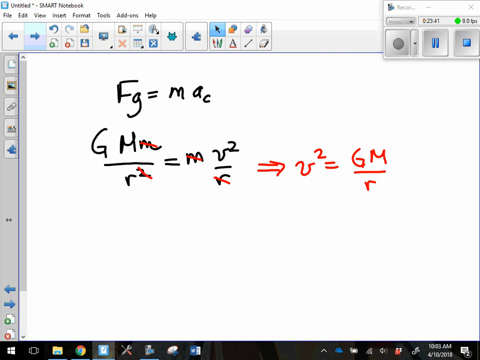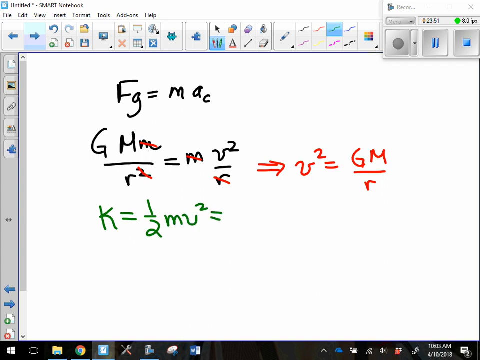Okay. All right, so go back. Remember that what I'm trying to find is 1/2 mv squared. Now I've got my v squared, so I have 1/2 m G big M over r. And this looks suspiciously like what?